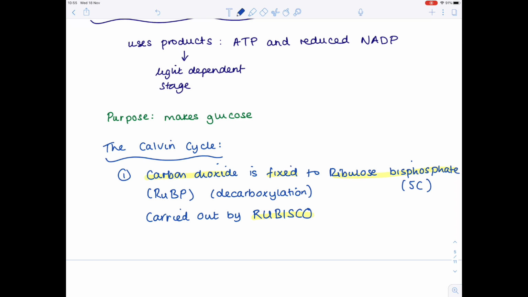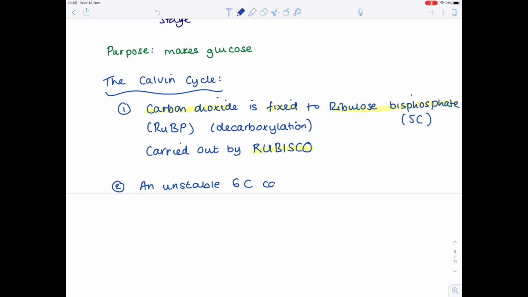Just notice for me that ribulose bisphosphate is a 5-carbon compound. It's so important that you know how many carbons are in all of these molecules. Now, the fixation of carbon dioxide to ribulose bisphosphate forms an unstable 6-carbon compound. And because it's unstable, it immediately splits into two 3-carbon molecules of glycerate 3-phosphate.